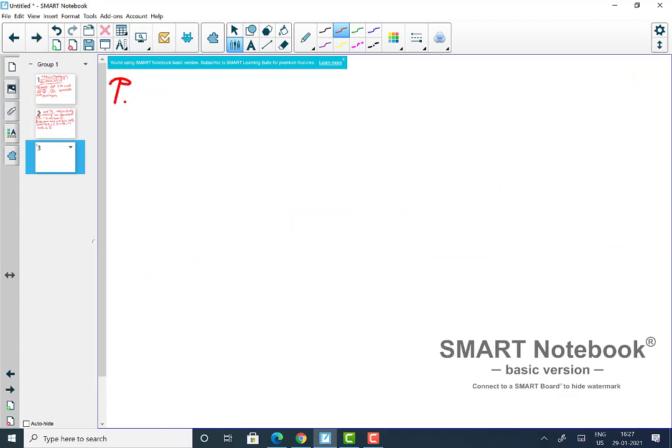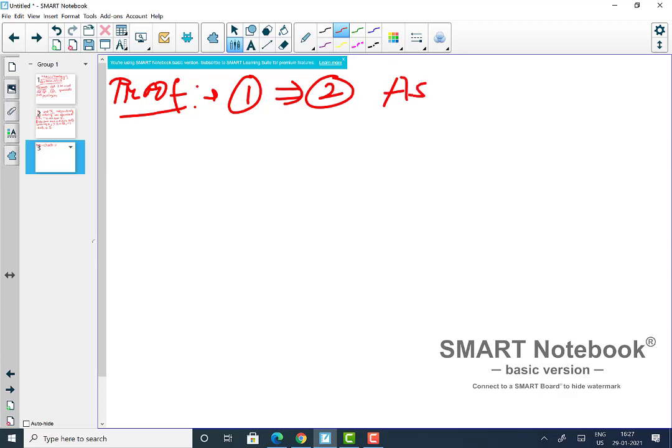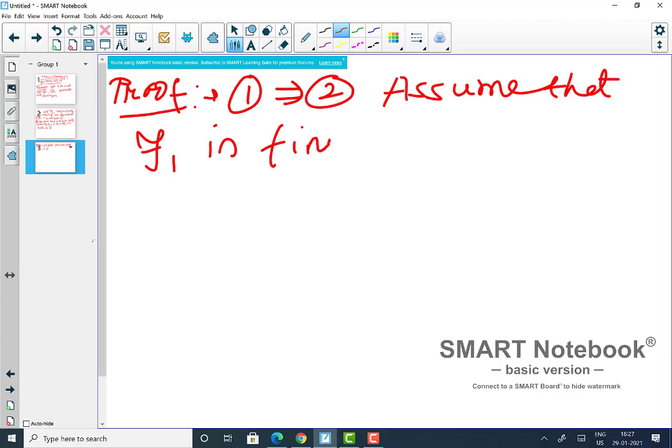So, proof. There are two conditions. Let us first prove that 1 implies 2. That means I assume that tau1 is finer than tau.